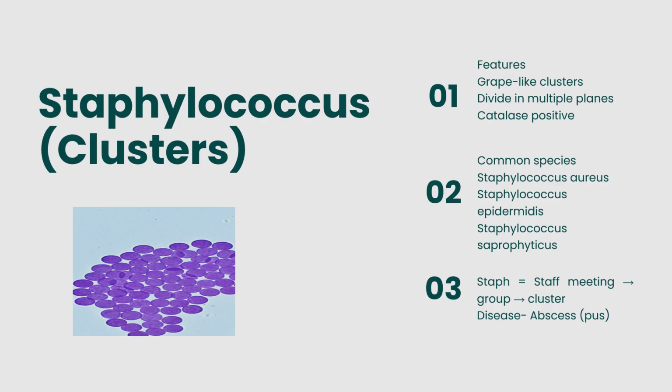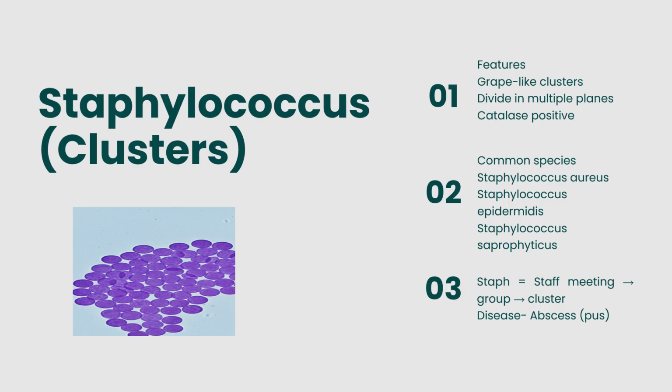So staphylococcus appear as grape-like clusters. They divide in multiple planes, because of which they appear as bunches of grapes or clusters. Now, if we perform a catalase test, these organisms are catalase positive. That means they form bubbles when the colonies are touched to H2O2 solution.